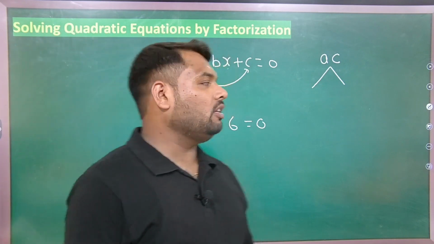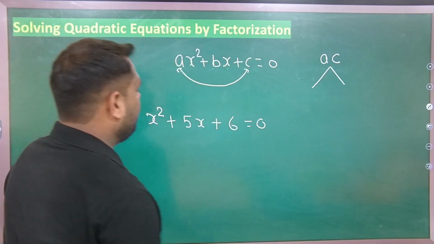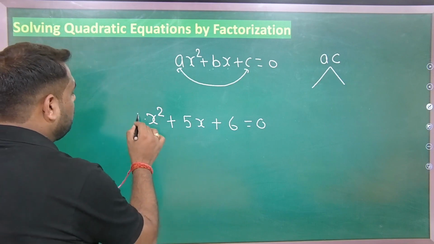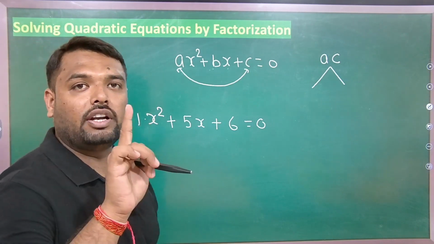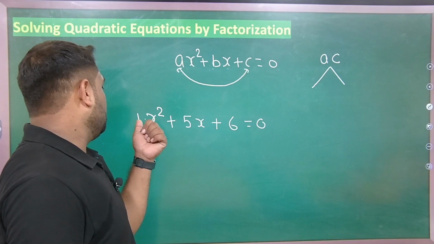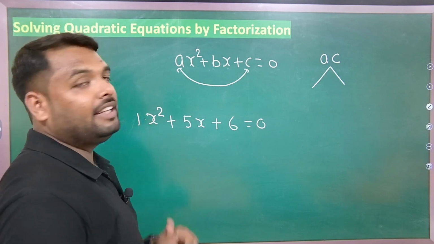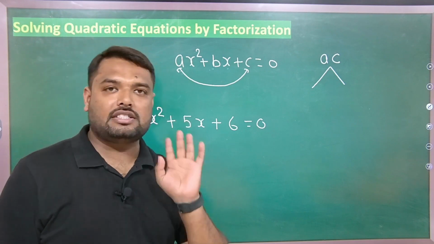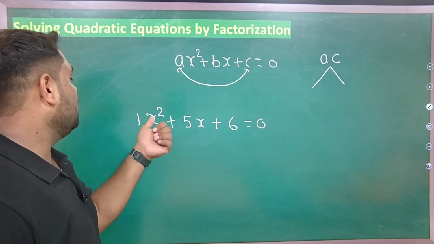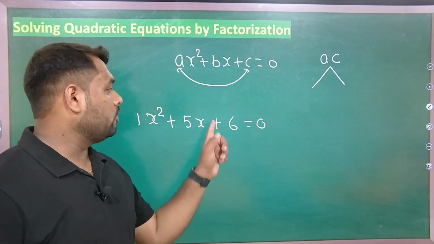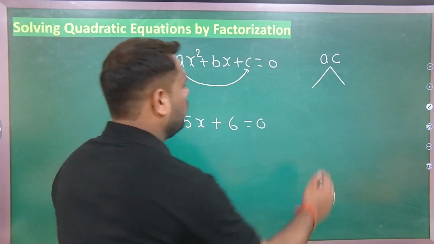If we have to solve this quadratic equation, what is the coefficient of x square here? It is 1. When you are not getting any coefficient, whenever nothing is multiplied, that means by default 1 is there. So the coefficient of x square here is 1 and the constant term is 6. 1 into 6 equals 6.